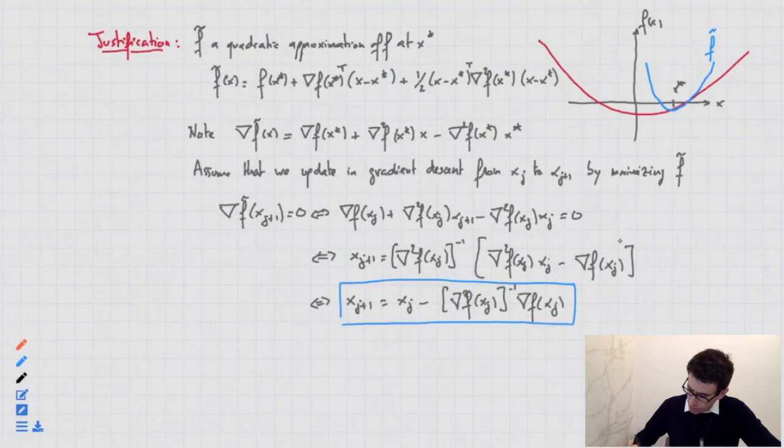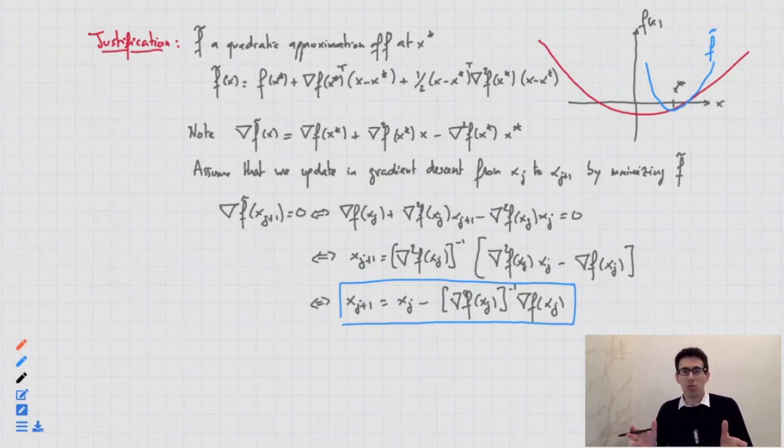And so you see that the justification for Newton method is that you're doing this local quadratic approximation of the function, and you're using that as a surrogate function to decide what is the next optimal point to choose. The reason there is no step size, if you wish, is because implicitly you are choosing the step size based on the Hessian that captures how to approximate the function quadratically.